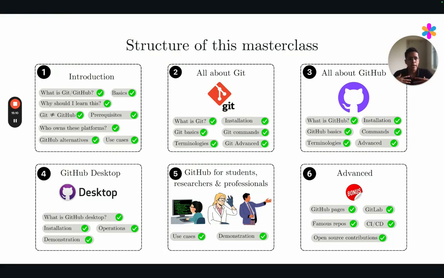So let's say I own a project, but I invite collaborators, let's say three others, and they are proposing some changes to my original code base. There is a certain way in which that has to be done. And we'll teach you what the best practices are when it comes to that. So overall, this will be the structure of this masterclass.